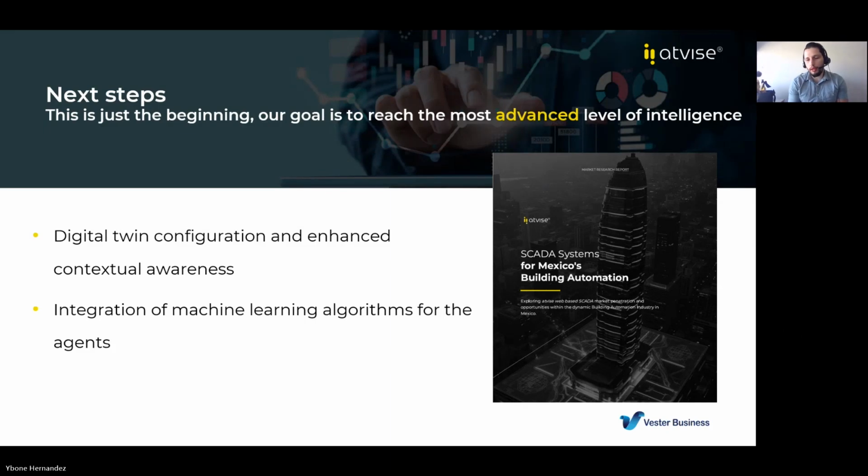The agents could be smart enough to create their own machine learning algorithms, so that whenever they see the data, it is not only to analyze the data by itself, but also pre-process the data using machine learning algorithms to get even better results. So that's the next step in terms of development, and what you will see in the following months, and that's the evolution that we will have.